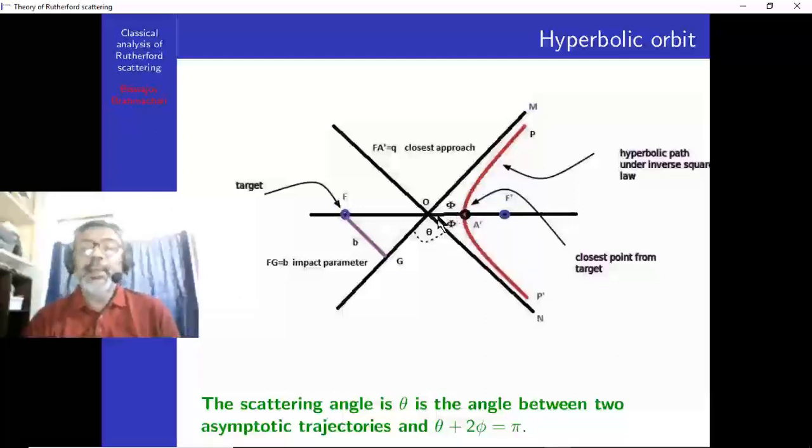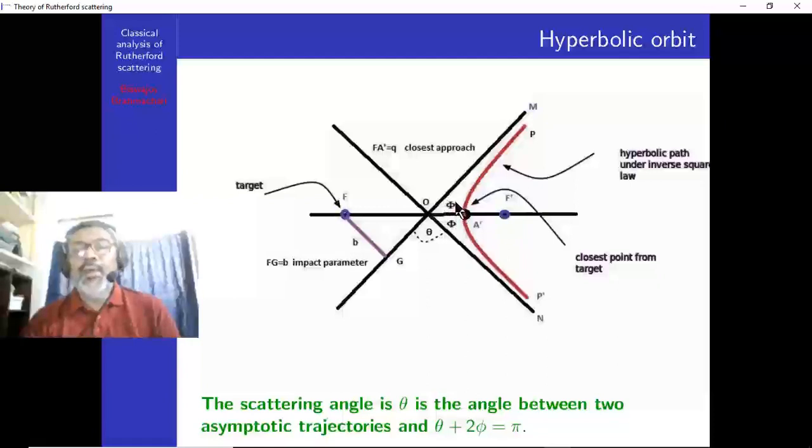Phi is the angle between the asymptote and the symmetry axis, and epsilon is given in terms of this angle phi, epsilon equal to 1 by cos phi.